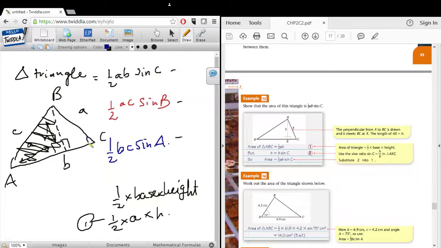Now let's try to find this part of the triangle. Again, half times the base, and the base is going to be B.